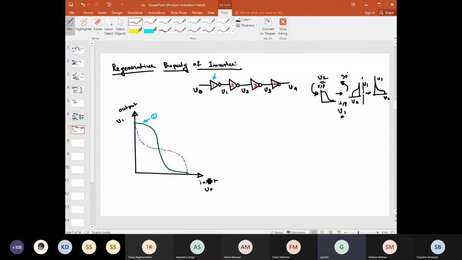So this is output, this is input. But for the second case, the output of the first inverter will act as an input, right? But in the VTC, the y-axis is output and the x-axis is input.